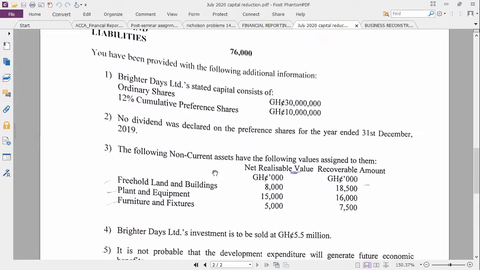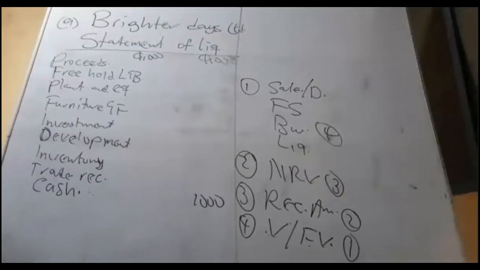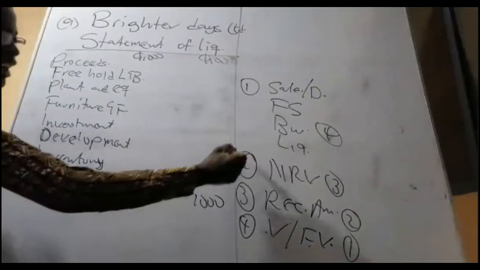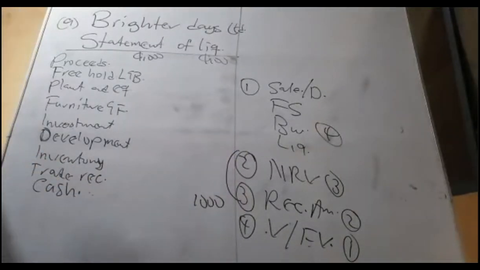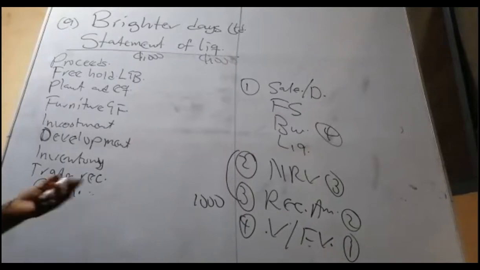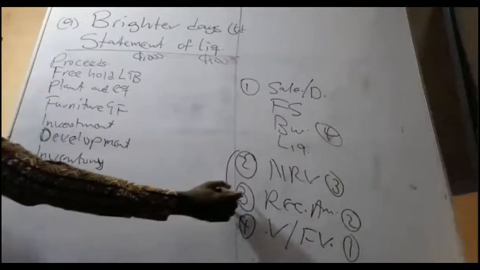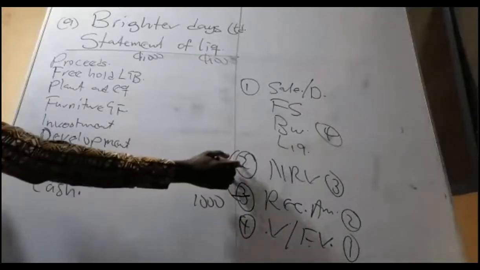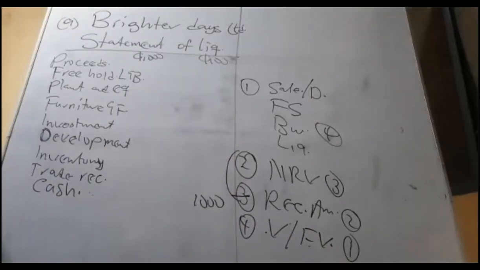Then note 3, the following non-current assets have the following values assigned to them. So NRV is there, recoverable amount is there. So which one are you going to select? They're very close. So take notes of that. So NRV will go. Then recoverable amount will be first for going concern. This one will be first for liquidated values. Then you are done.